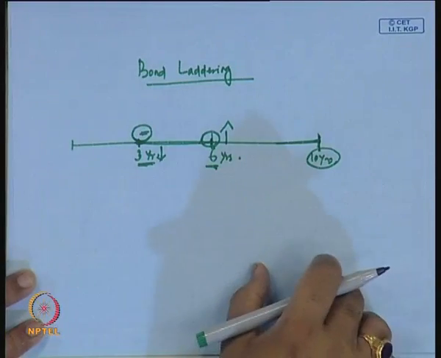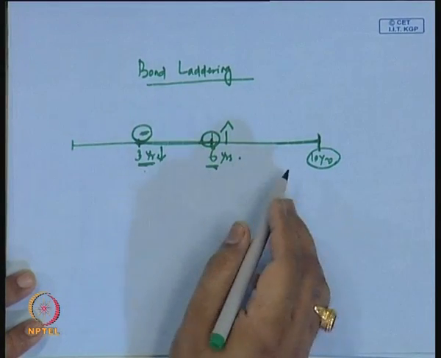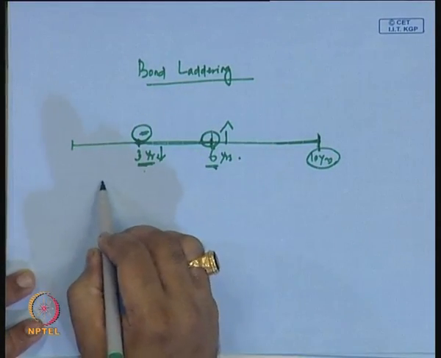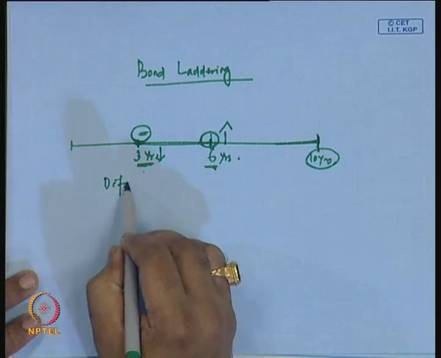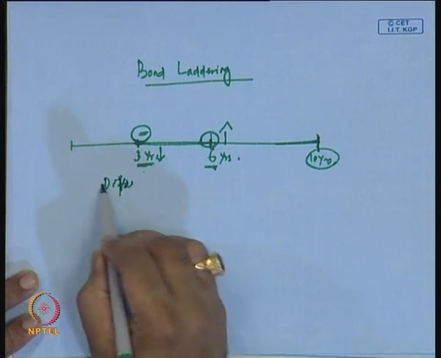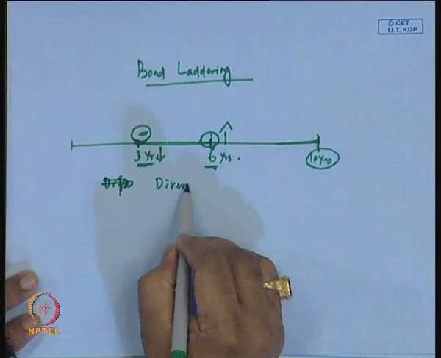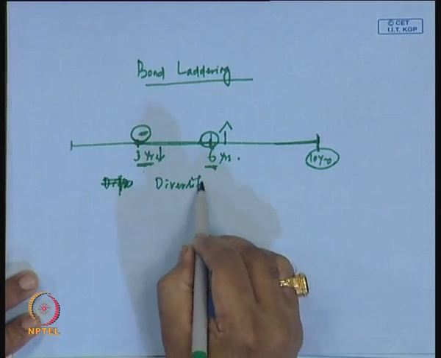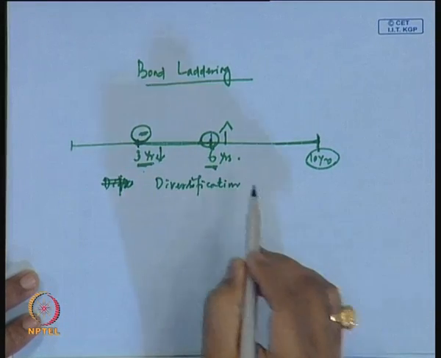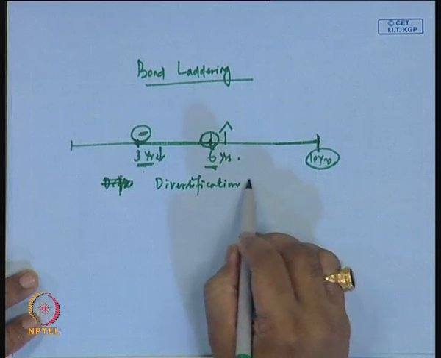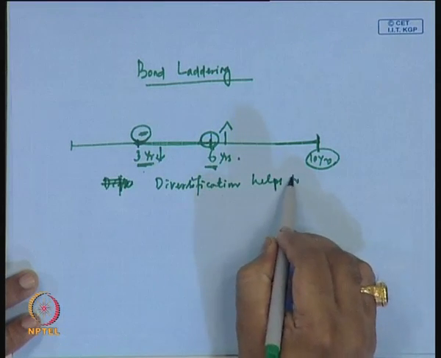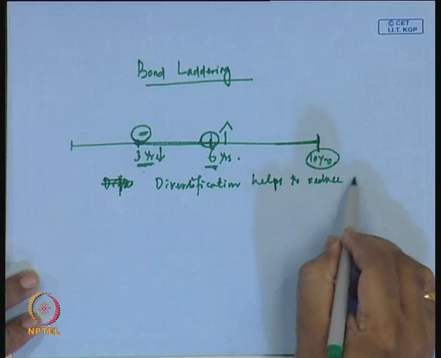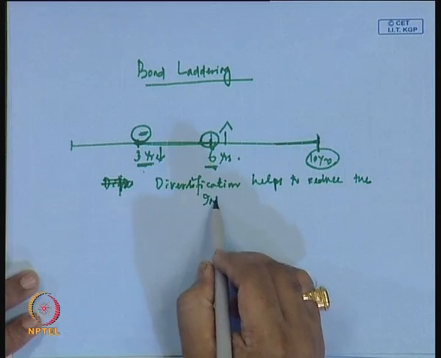But here, what do we basically do? We take positions in such a way that we have different bonds in our portfolio on the basis of their term to maturity. So, that is why diversification can take place, and this diversification helps to reduce the interest rate risk in the market.